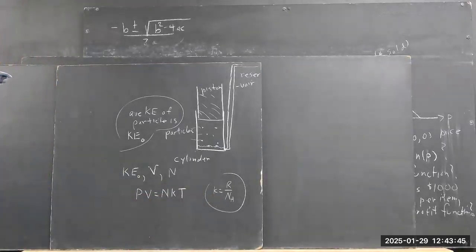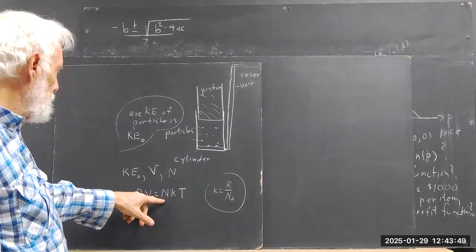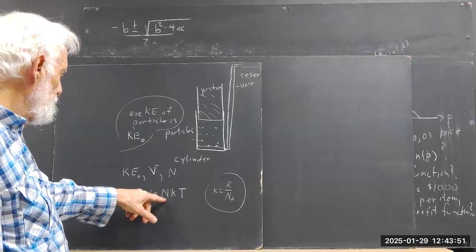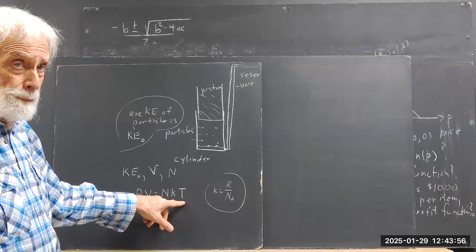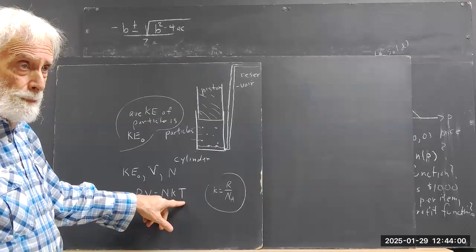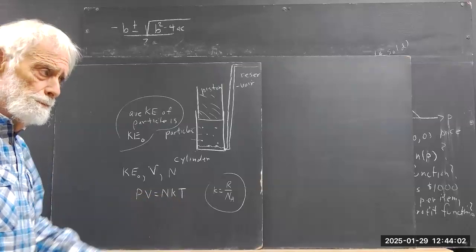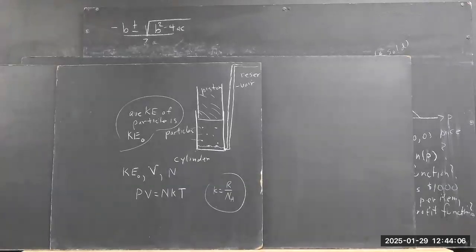Okay, so let's see, we know the volume, we know the number of particles, we know the temperature. Okay. I didn't say anything about temperature. So what are you going to do about that?